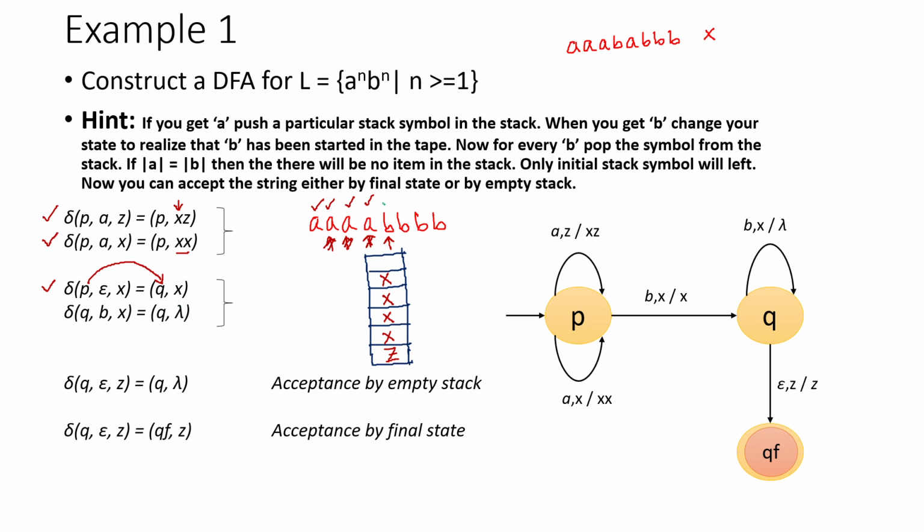So this is read, but this has been removed. Now your read head is pointing here. Now see, for all these B's, this particular transition function will be used repeatedly, right? Because if you are in Q, you get B again, and the top of the stack is X, so you will remain in Q but you will pop a symbol from the stack. So we will now pop this symbol.